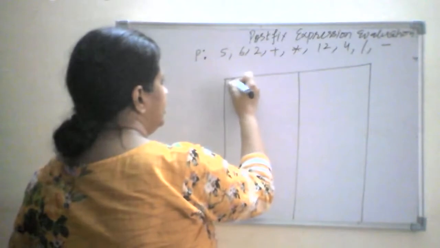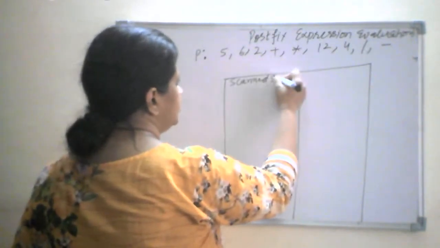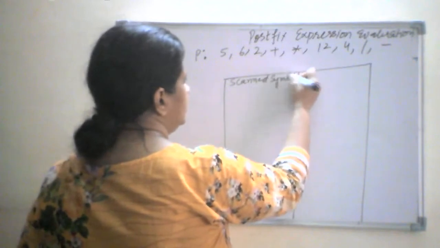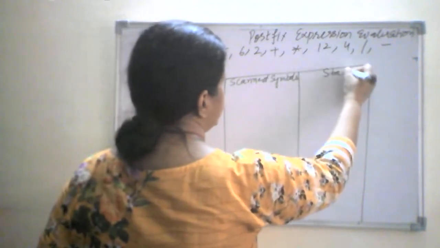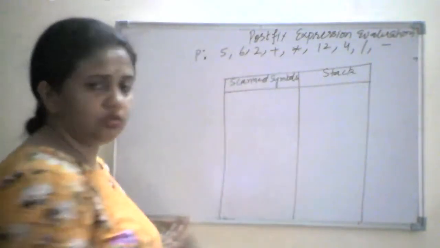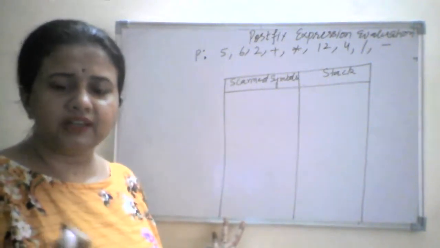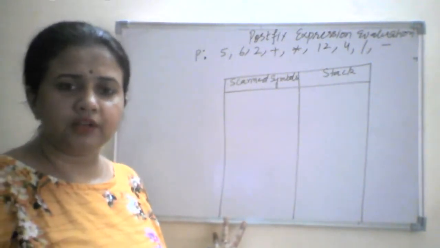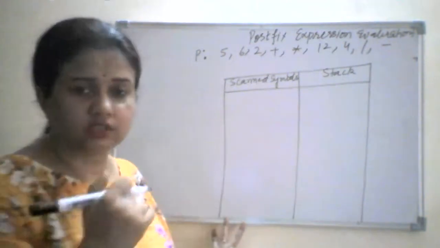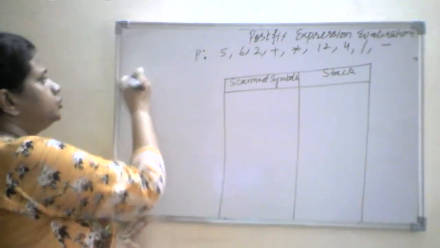table kind of a thing, where in one column we'll keep the scan symbols, and in the second column we'll keep one stack. Scan symbol does not only mean the operator. Scan symbol means every operand as well as the operator that you will come across in the given expression.